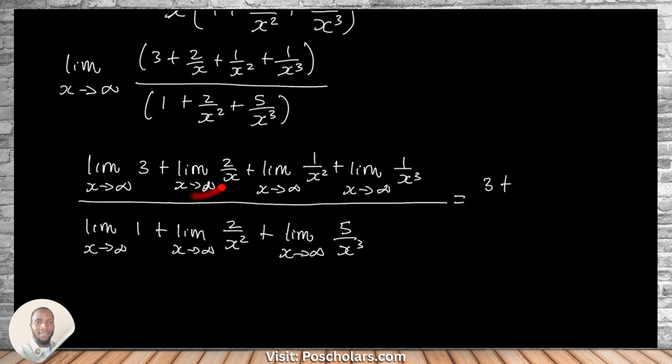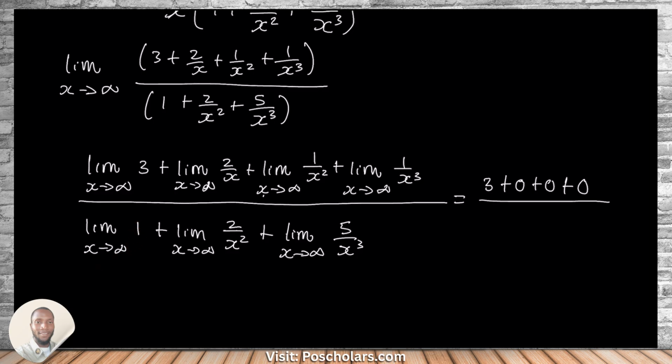So everything here becomes 0, right? Then plus, similarly also, the limit as x tends to infinity of 1 over x squared is still what? 0, right? Then lastly, this term also becomes what? 0.